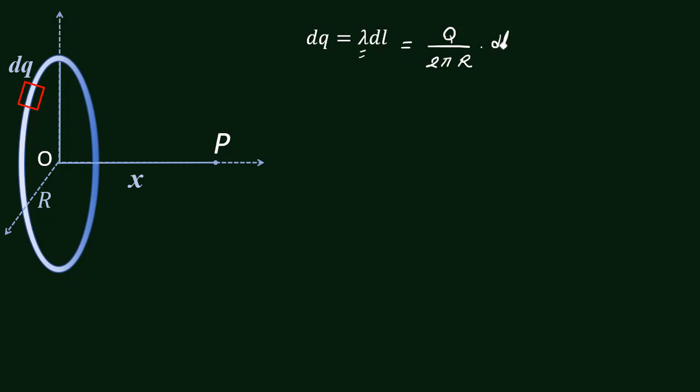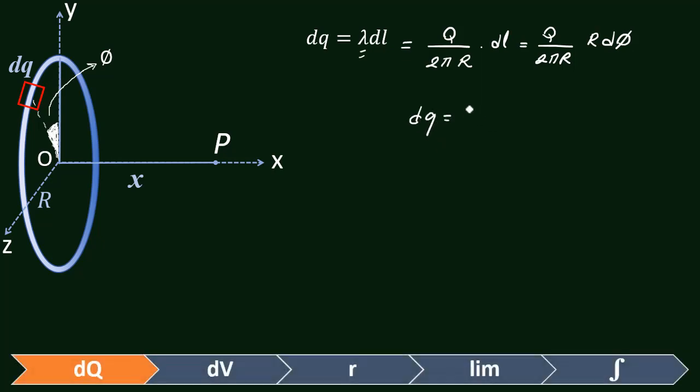We have a dl again, and this dl will be determined by a small angle d phi, which is an angle on the YZ plane. So we have Q over 2 pi r. Small length dl is an arc length, so it's the radius of curvature times a small angle d phi. All right. Hence, dq can be written as Q over 2 pi d phi. All right, there's our dq.